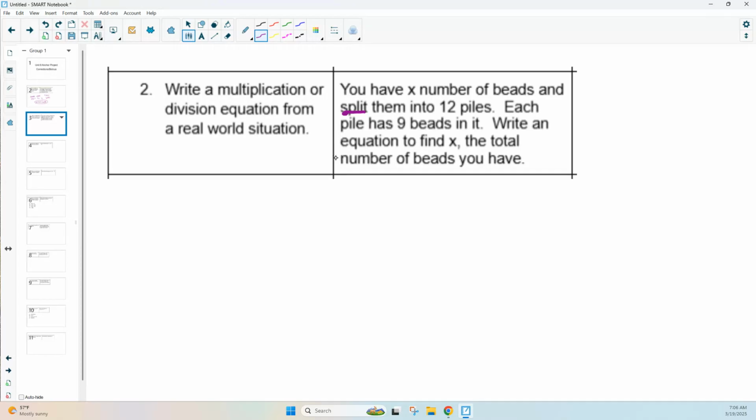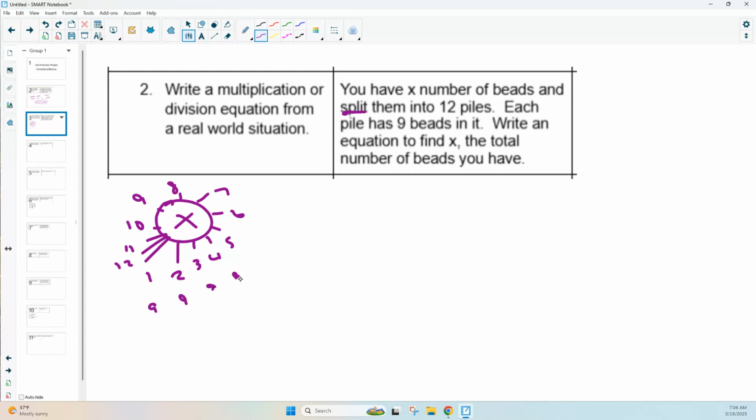All right, let's draw a picture here. We have a pile of beads, and we're going to call that X. We split them up into 12 piles, and then every pile has 9 beads in it. So that is visualizing what is happening. We have a pile that we're splitting up, and then the result of each is 9.